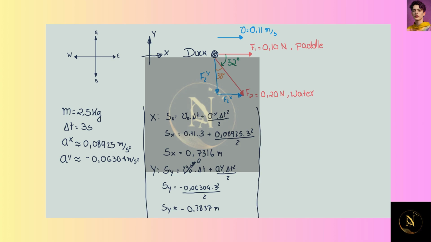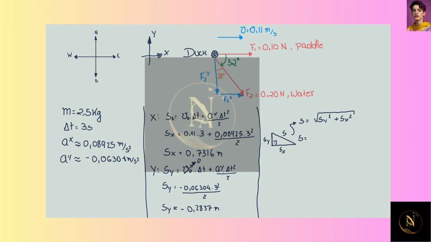Then we can calculate its total displacement using a triangle. So it had a displacement in the x direction, and it also has a displacement in the y direction. They make a 90-degree angle. This is the y displacement, this is the x displacement, and this is the net displacement. Then, using the Pythagorean theorem, we can calculate the net displacement as the square root of the y displacement squared plus the x displacement squared.